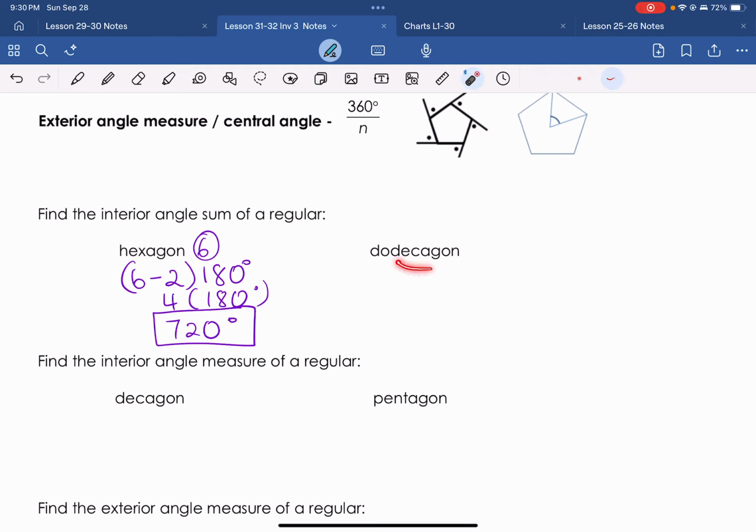Do you remember how many sides a dodecagon has? It has 12 sides. So pause the video and find the sum by using the formula, and then unpause to check your work.